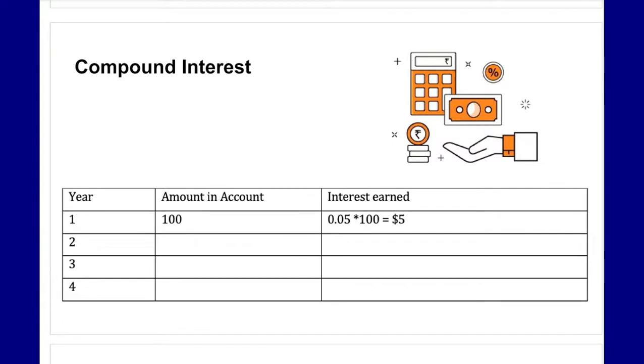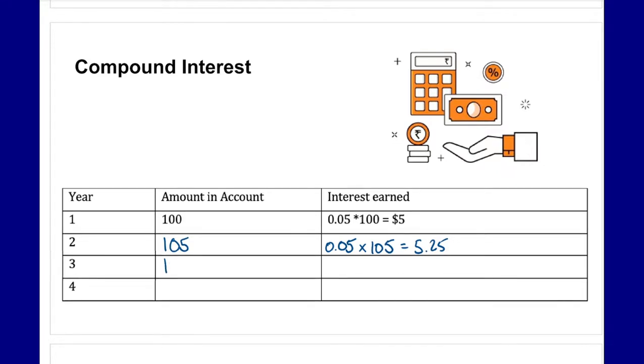Compound interest is a little different because even though the first year is the same, we still earn the 5%, which means in that year we have $105. The interest is now 5% on that new amount, so on 105. So we actually earn $5 and an extra 25 cents in that second year.